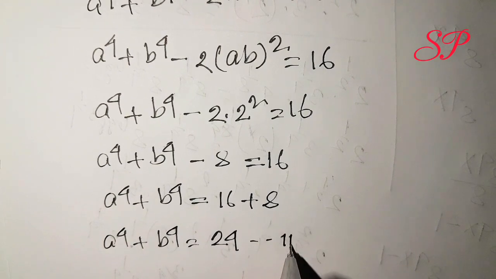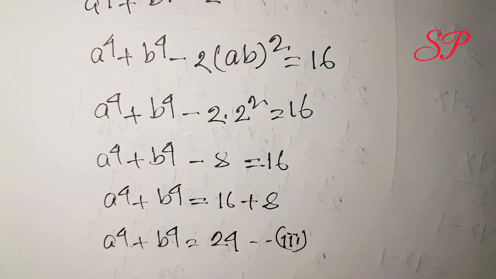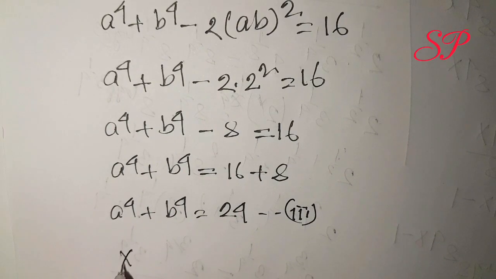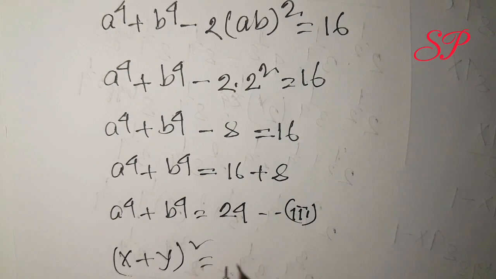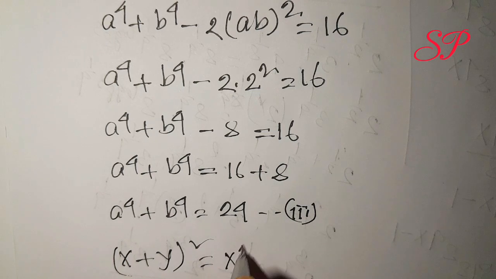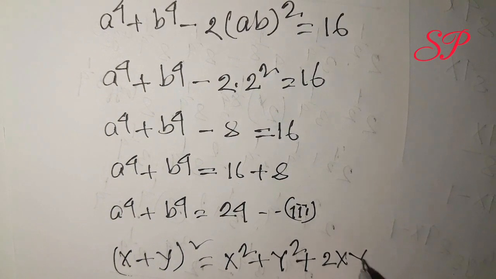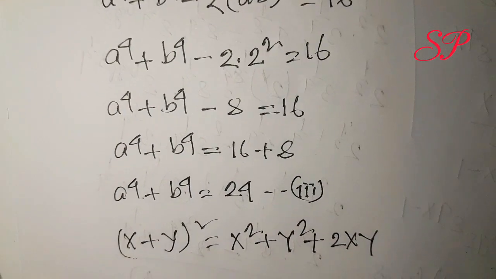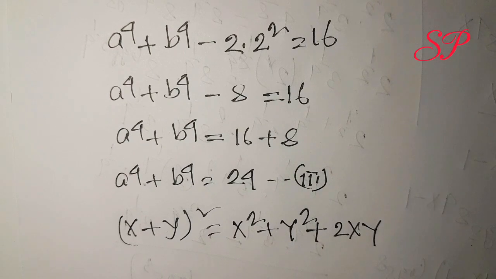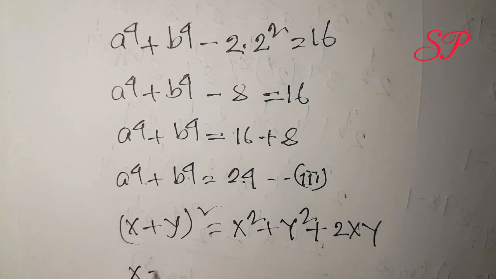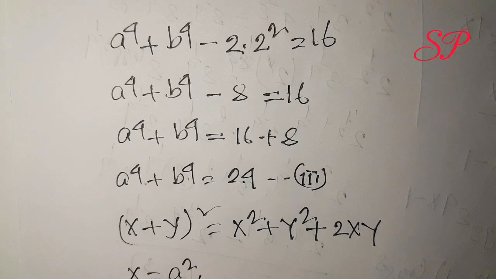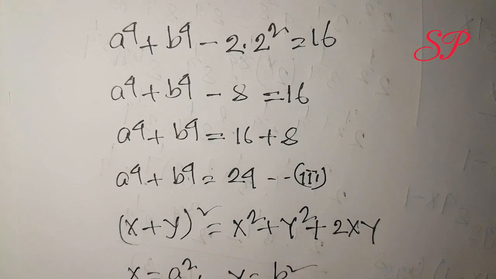This is equation number 3. We know that x plus y all square is equal to x square plus y square plus 2xy. Here we put x equal to a square and y equal to b square.